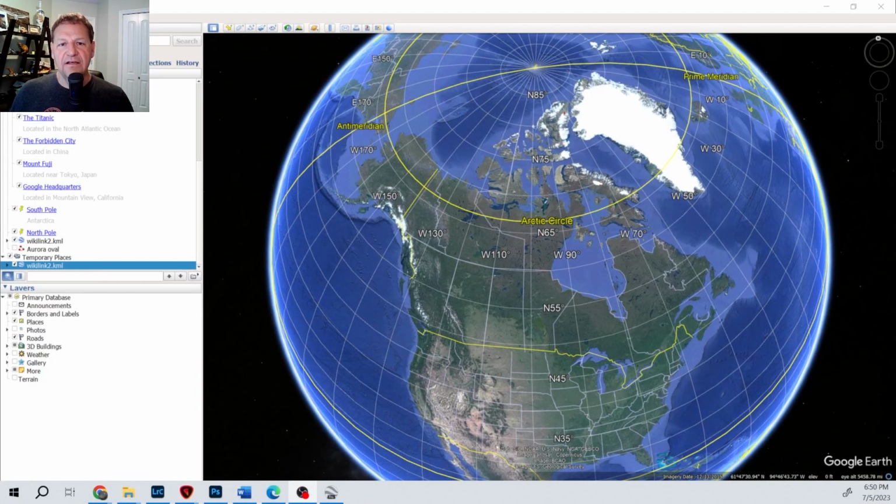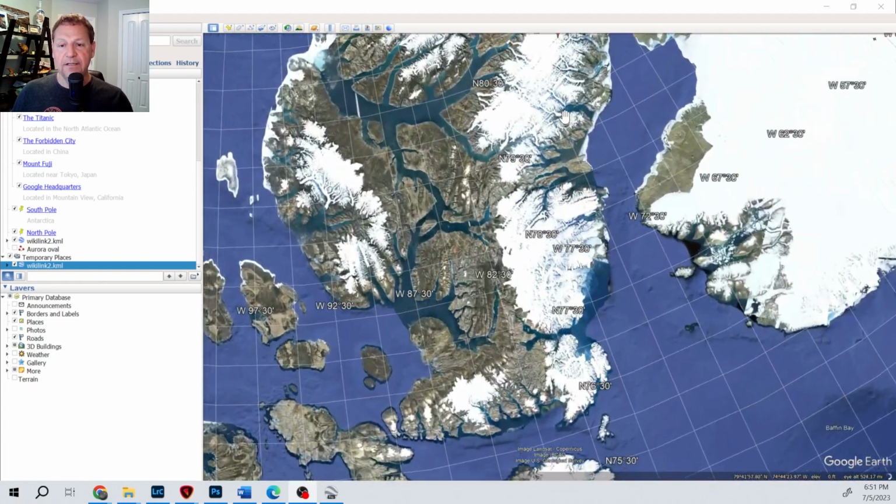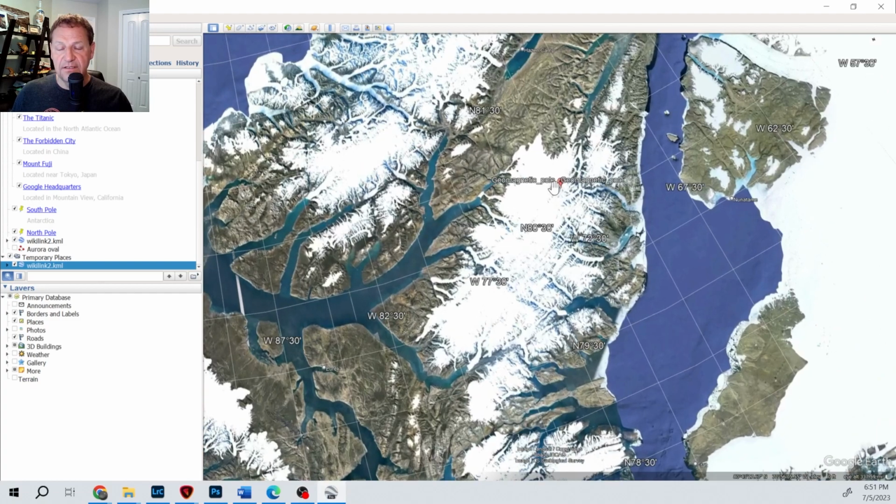This makes more sense on a globe rather than a flat map. So I'm going to use Google Earth to discuss this a little bit. Up here we have the physical North Pole, or axis, Earth's axis of rotation, the geographic North Pole, and then just about 10 degrees south up in Ellesmere Island is the geomagnetic North Pole.